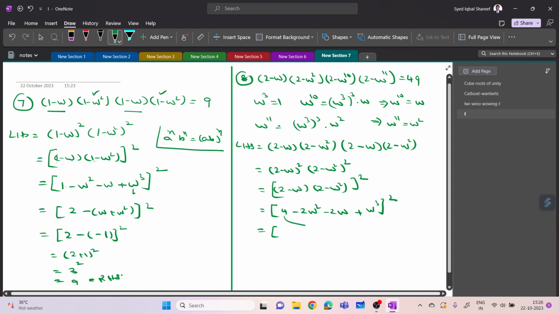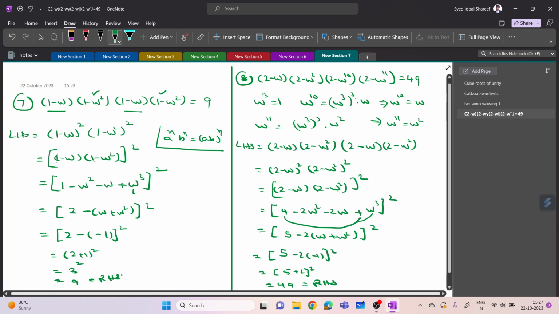So this is 4, 4 plus this one, 4 plus 1 is 5. Minus 2 if you take common, omega plus omega square. Omega plus omega square is minus 1. So this is 5 plus 2, 7. 7 square is 49, which is our right hand side.